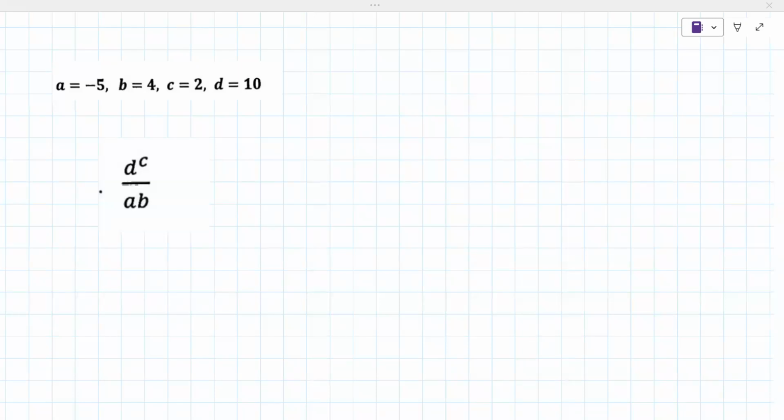Would it be -1? Okay, so let's look at this. It's 10 to the power of 2 over -5 times 4. Is that what you have? Yeah. 10 to the power of 2 is 10 times 10. Do you want to change your answer?